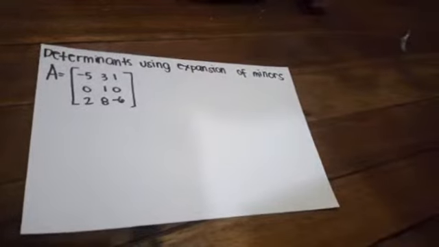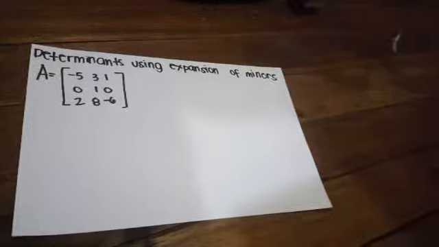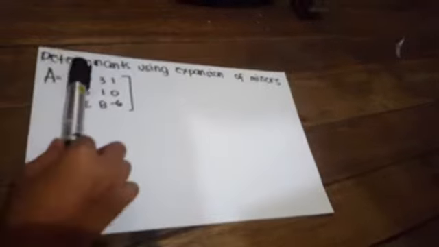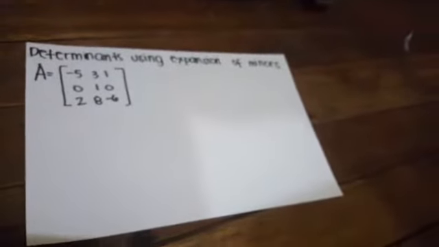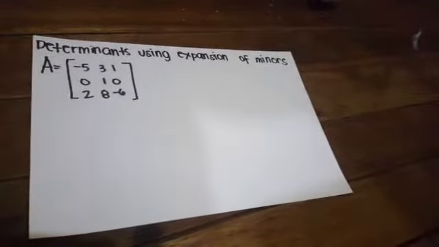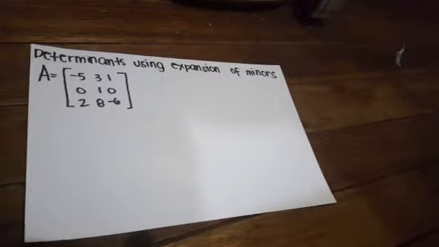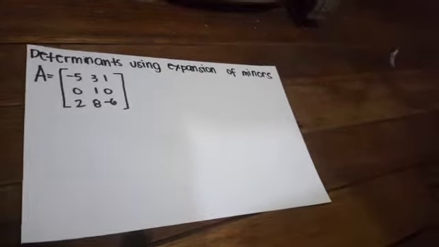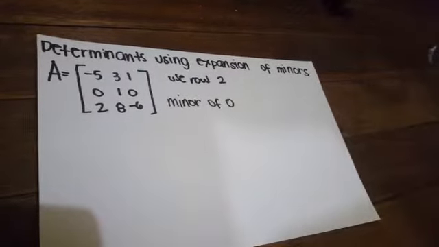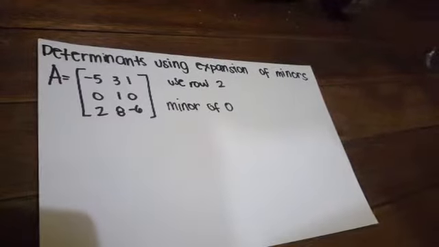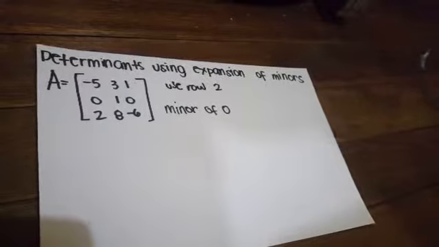Determinants using expansion of minors. To get the determinant using expansion of minors, simply delete the column and row in which the element appears. For example, negative 5, 3, 1, 0, 1, 0, 2, 8, negative 6. I will use row 2 because it has a 0, but it depends on you which you want to use.